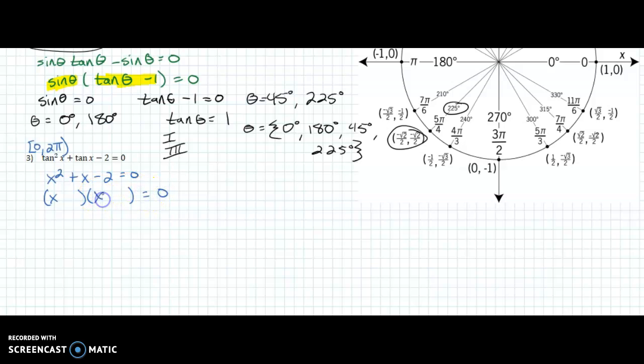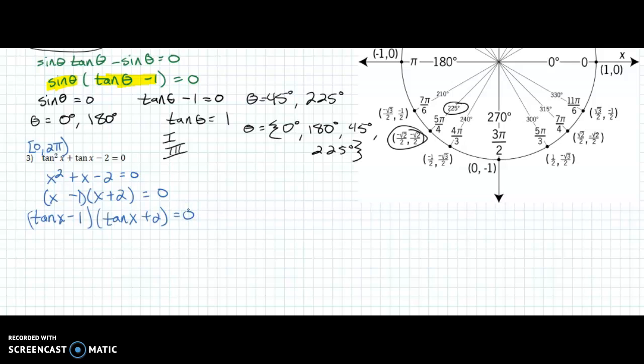So we could factor that as 2 and -1. And then the difference here is we actually have tangent, so let's put those back in. We're going to say, well, this is actually tangent x minus 1, and then tangent x plus 2.